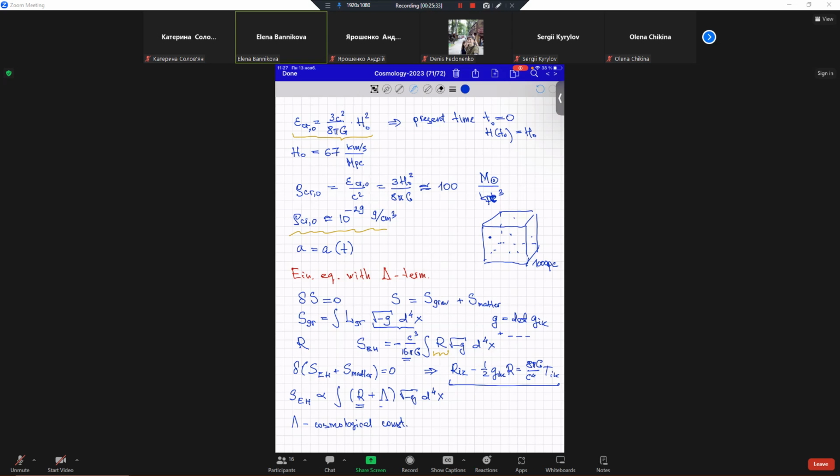Really, for a while he succeeded with a static universe, but he immediately could see that, using this cosmological constant, in any case the universe will not be stable. It's like an unstable equilibrium.